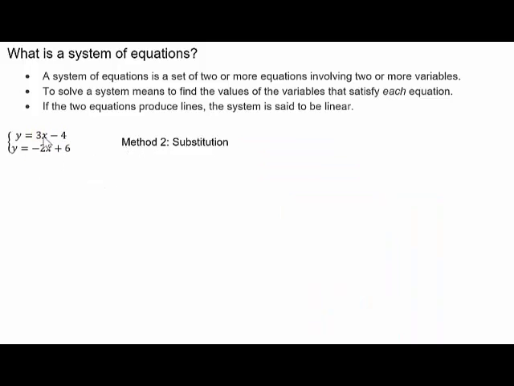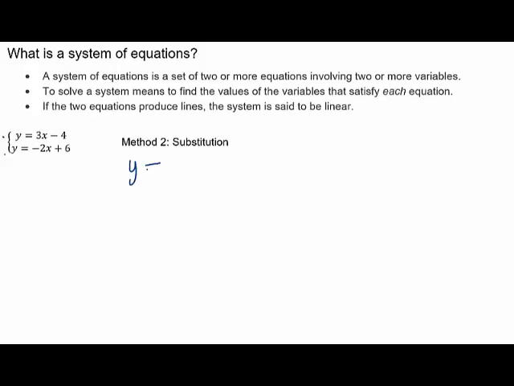Another option for solving a system of equations is substitution. And by substitution, I mean we're going to replace one of the variables in one of the equations with another expression. So the good thing about these two equations is that one of the variables is already isolated.